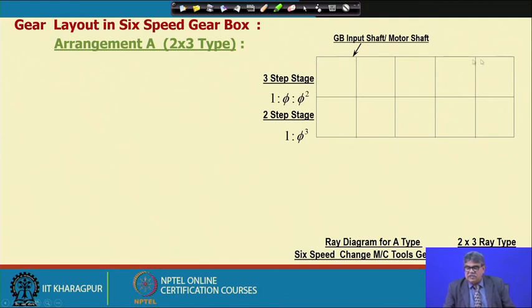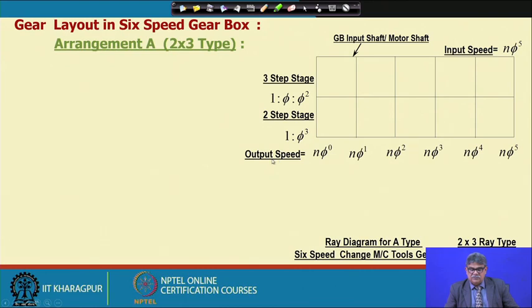Now, this is either the motor shaft or the input shaft of the gearbox, and the input speed we have considered as n phi to the power 5, that means this is the 6th speed, the highest speed, which may be equal to the motor speed.